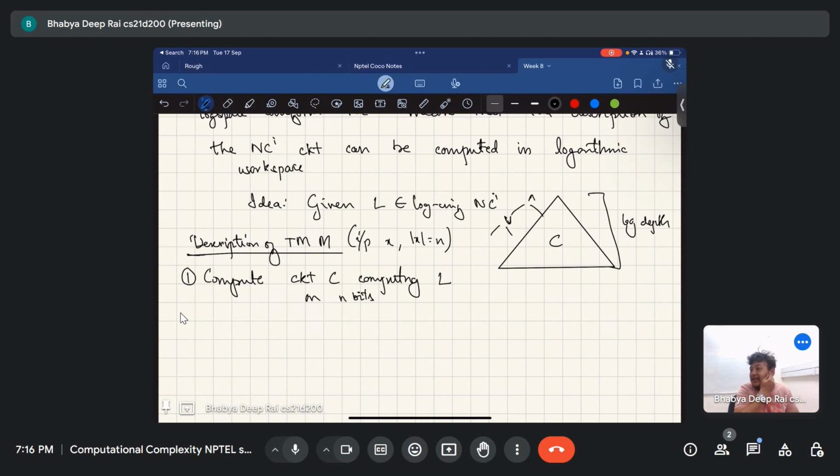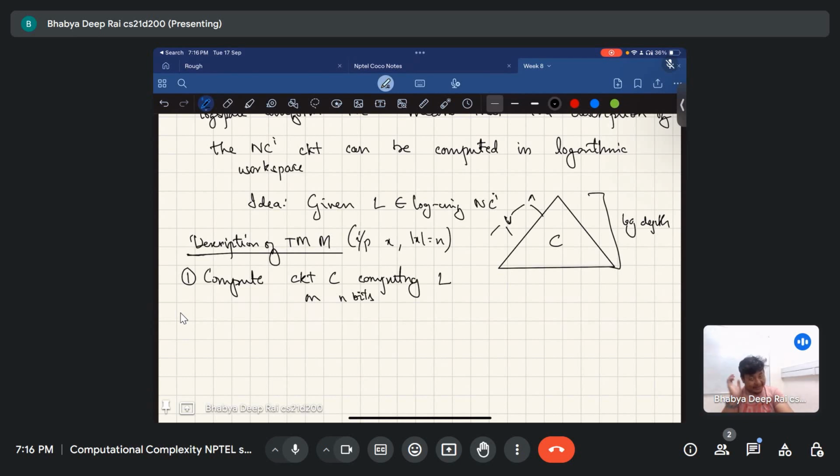So actually, this is not what you do because, of course, like I said before, you cannot compute the entire circuit. What you need to do is whenever you want to access a particular bit in the circuit, you do the entire computation once again. The process will be very slow, but at the end it will be polynomial time only because we are running in log space.